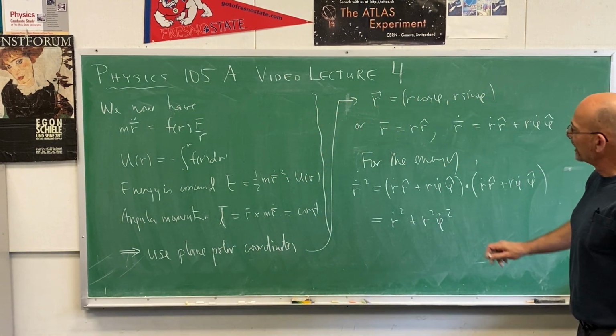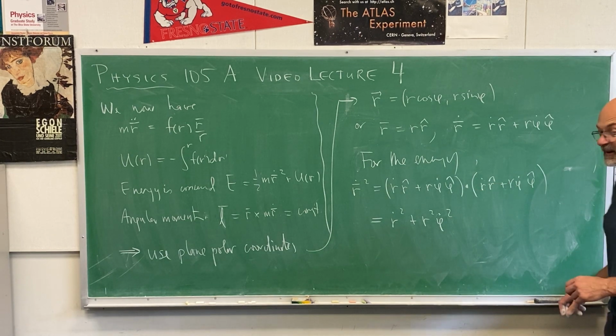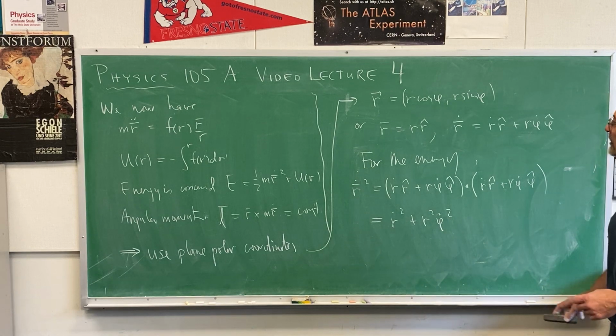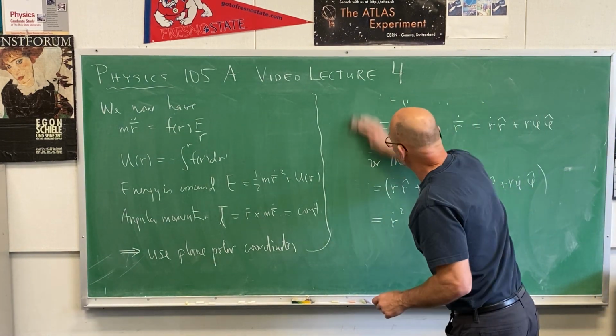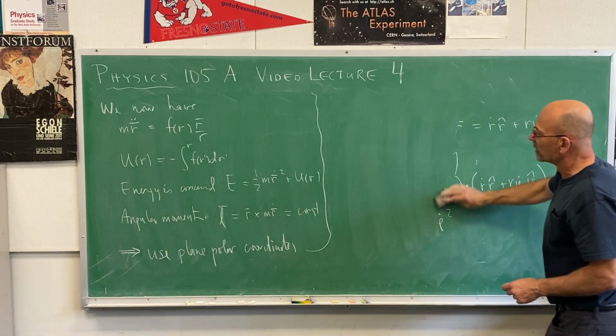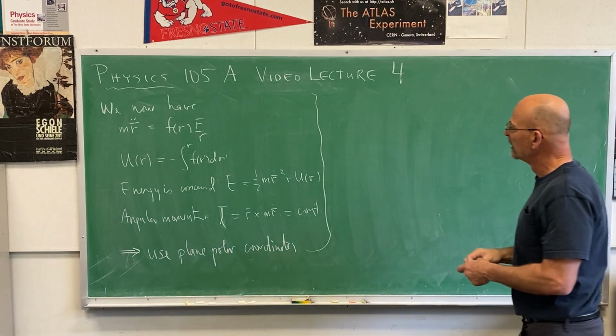So now I'm going to erase this side of the board and put our summary up here. We've got all of this, and that's why I'm leaving that material up when we get these results.